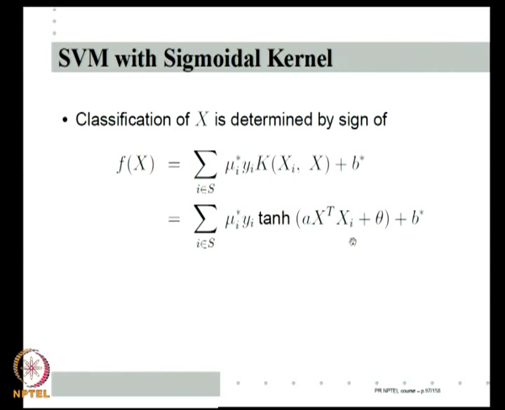Then the net input into the ith hidden node will be a x transpose xi, if xi is the vector of all the weights that are coming into the ith hidden node. Theta is the bias of the ith hidden node, and this is the activation function of the ith hidden node. Then these are the weights from the ith hidden node to the output node, and this is the bias of the output node.